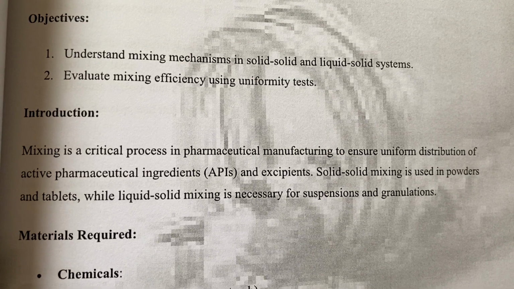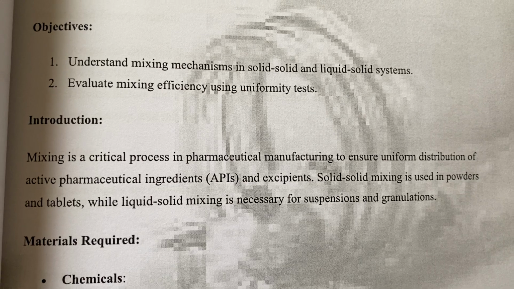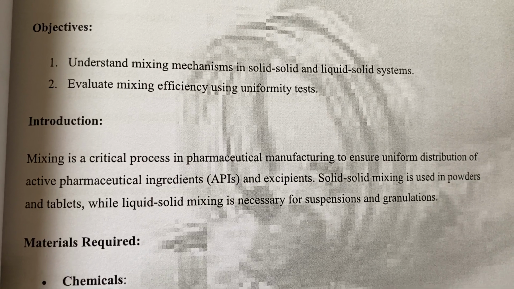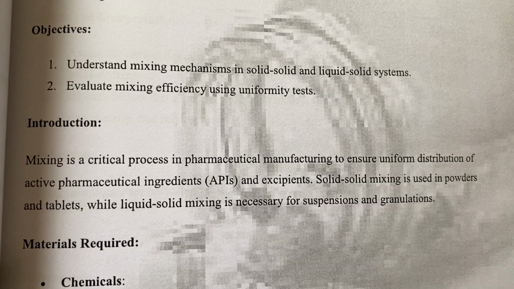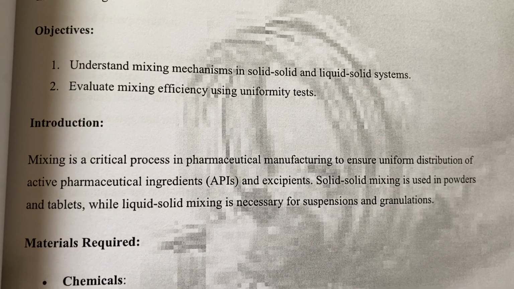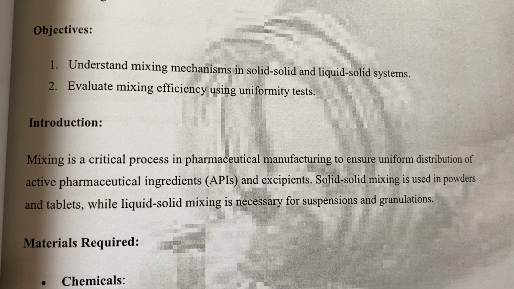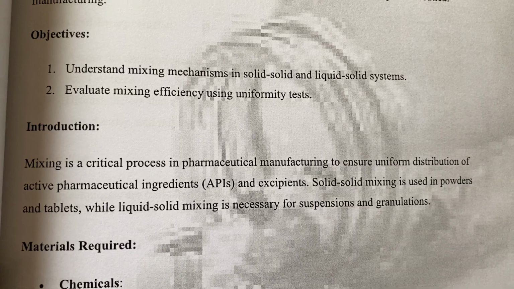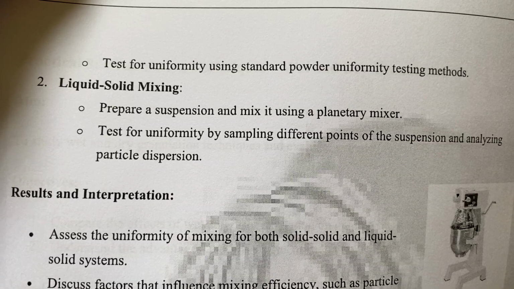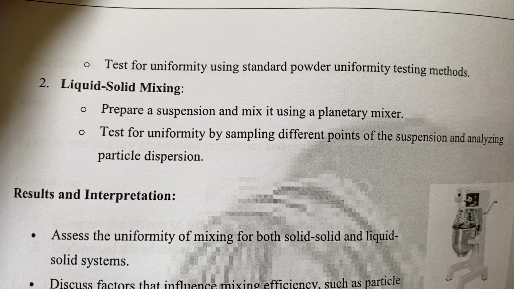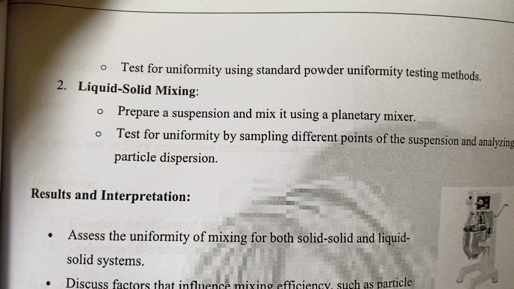Solid into solid mixing is used in powders and tablets, while liquid into solid mixing is necessary for suspensions and granulations. Test for uniformity using standard powder uniformity testing methods.